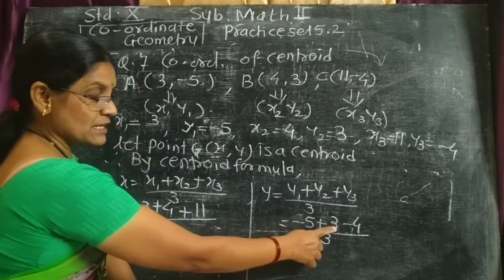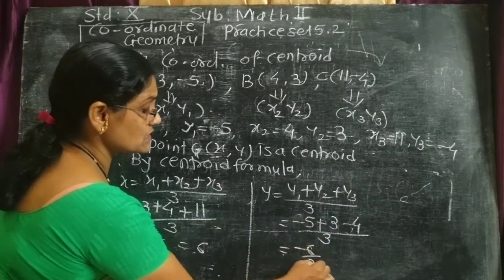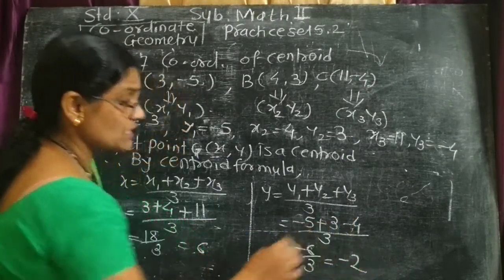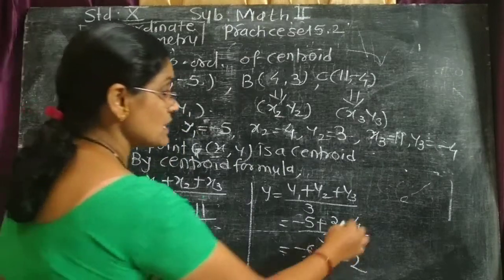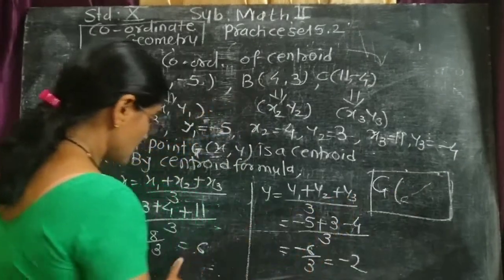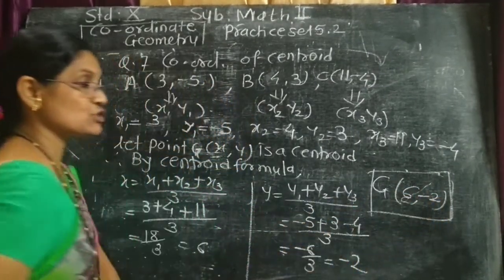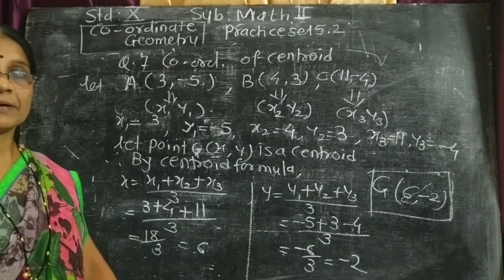Minus 5 plus 3 is negative 2, negative 2 minus 4 is negative 6, upon 3. The simplification is negative 2. So the coordinates of point G are x coordinate 6 and y coordinate minus 2. And this is the second example.